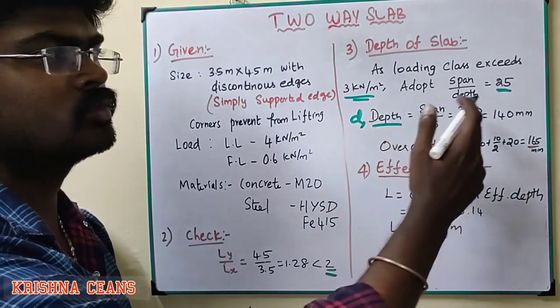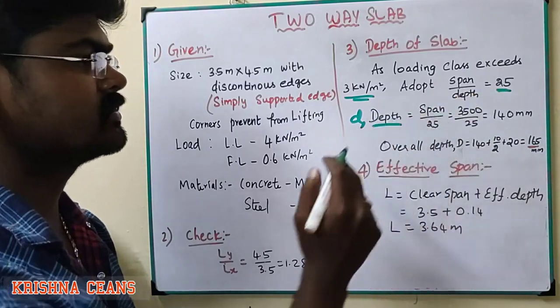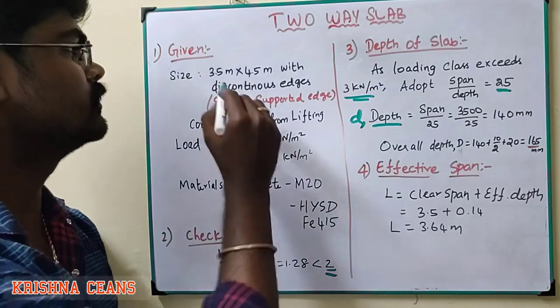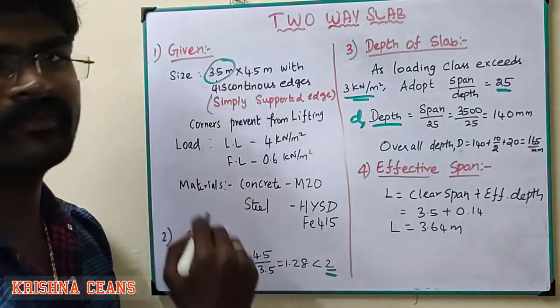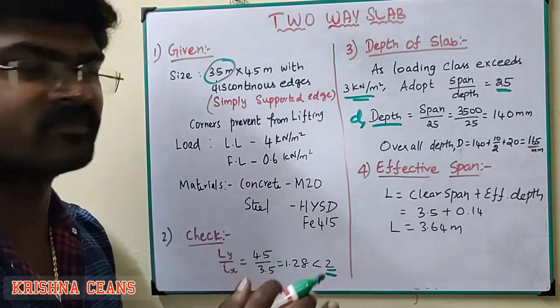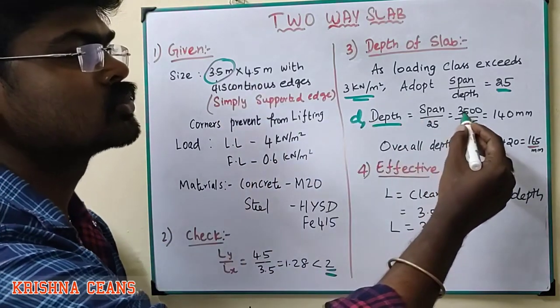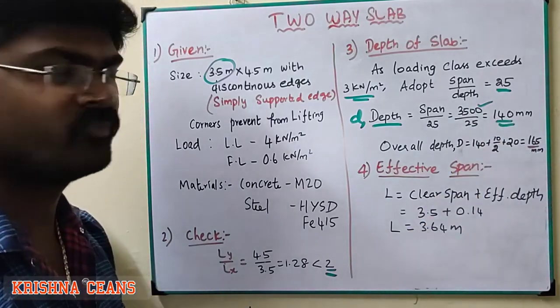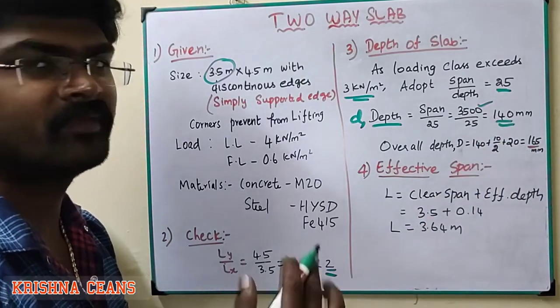For a two-way slab we always use the shorter span length. Here the shorter span length is 3.5 meter, as per the requirement provided in IS 456. So 3500 divided by 25 is 140 mm, the effective depth of the slab.